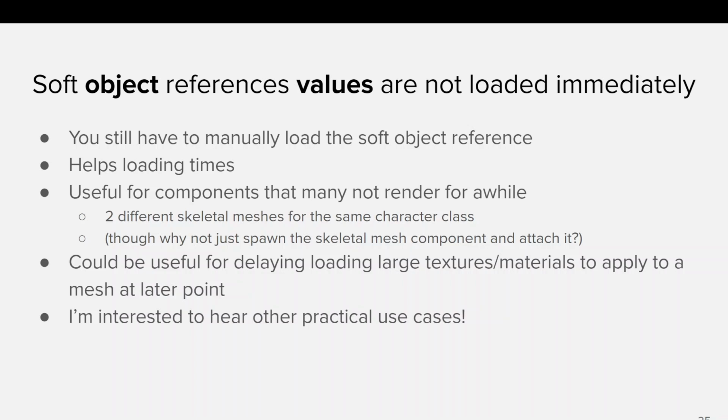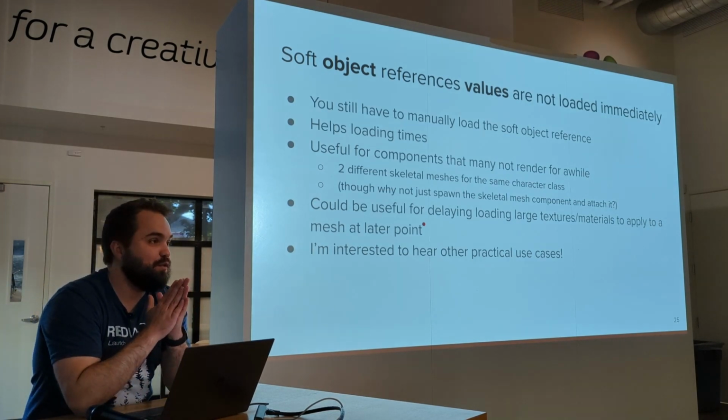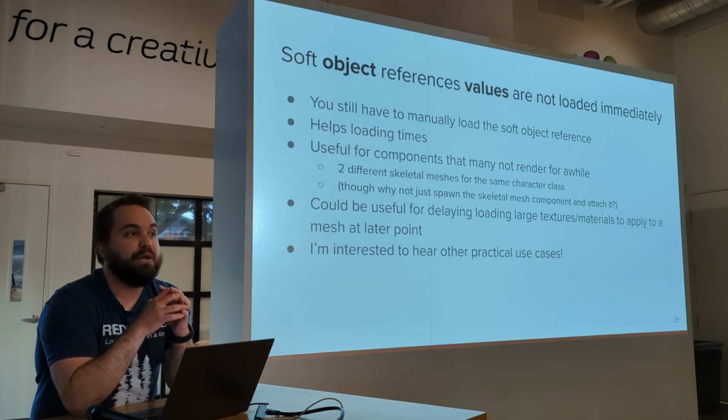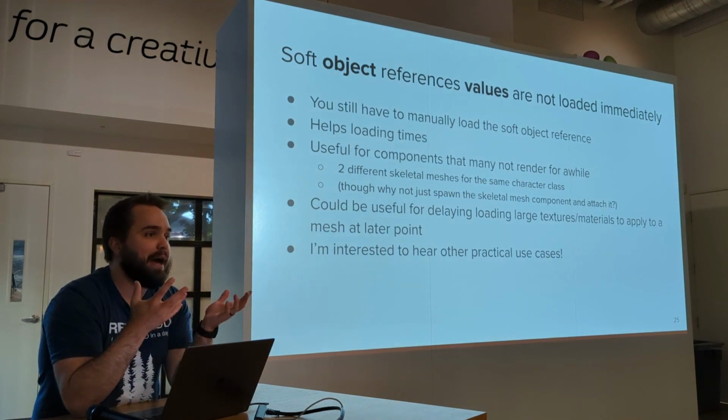So it's a little unintuitive, but in the Epic talk they had a skeletal mesh, but I think what's even better is textures and materials. What the soft object reference is really useful for is, let's say you have a building that is in a war zone, but the battle hasn't come yet.